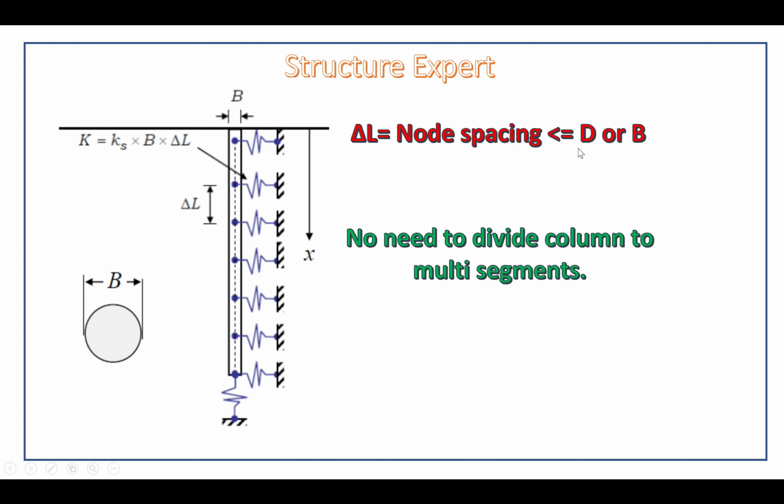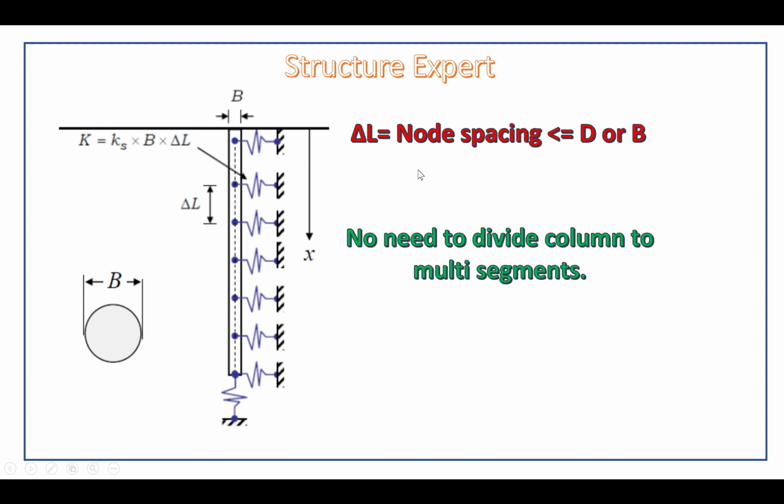So the node spacing you should determine below 1 meter from one node to the other node. It's important because of the nodes along the pile. So the spacing from one node to the next must be less than 1 meter, in case your bored pile diameter is 1 meter.